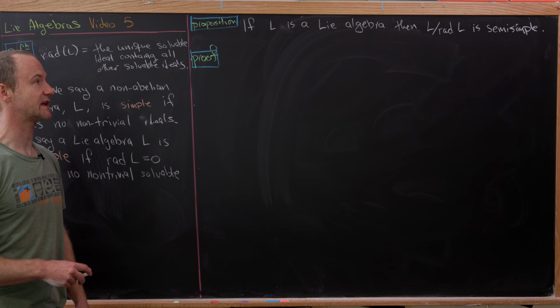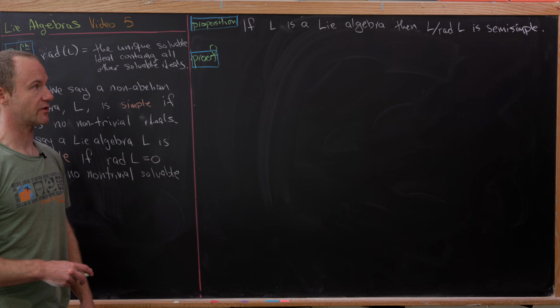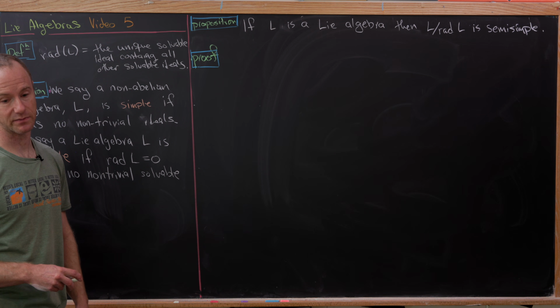It says that if we've got a Lie algebra L, then L mod the radical of L is semisimple.